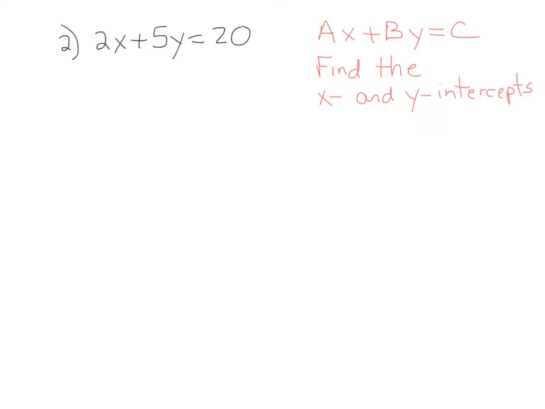So 20, the c, is easily divisible by both the a and the b. When that happens, you'll love this method. This is going to divide up into two problems. First, I'm going to find the x-intercept, and then I'll find the y-intercept.